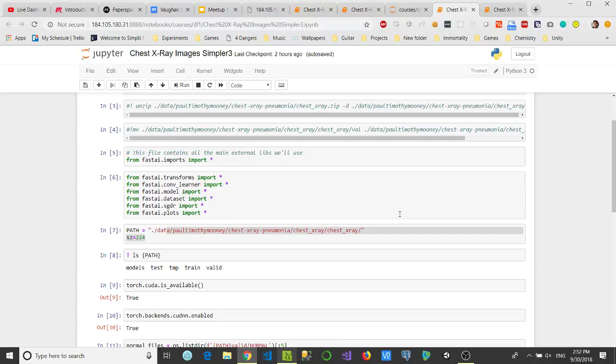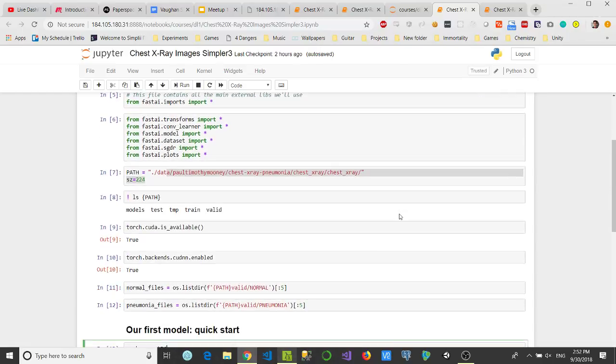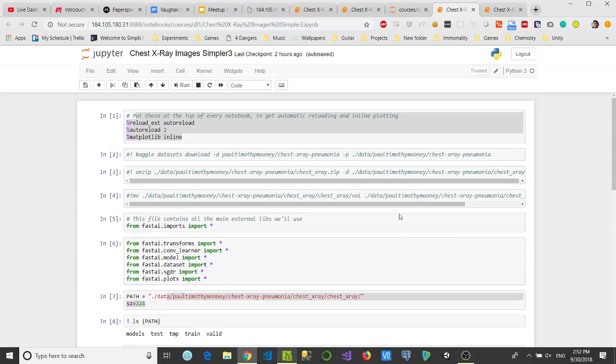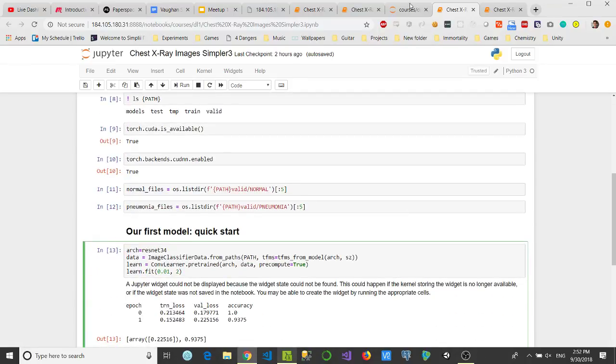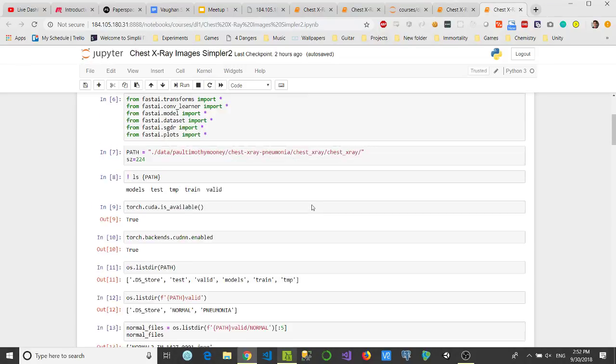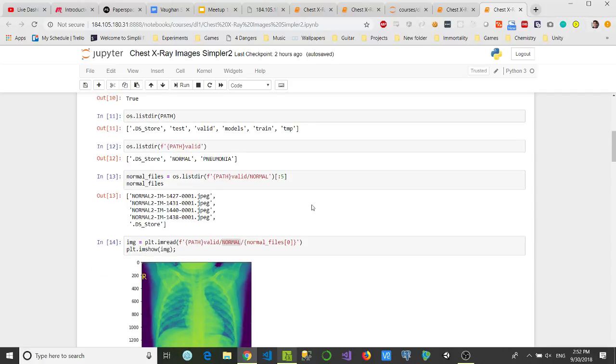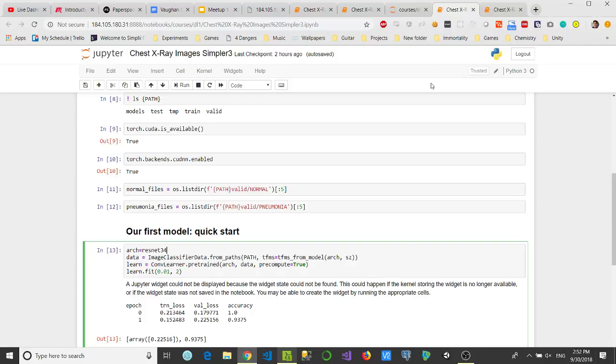And what we're doing here is taking a pre-trained model and focusing it on our specific problem. So this model was not specifically trained to recognize images with pneumonia versus images without pneumonia. But this is the idea of what is called transfer learning, which is a really powerful technique.